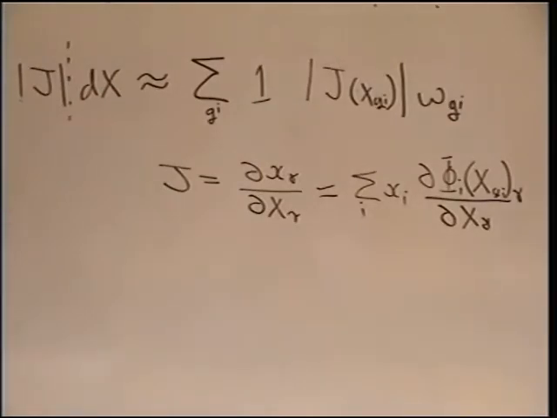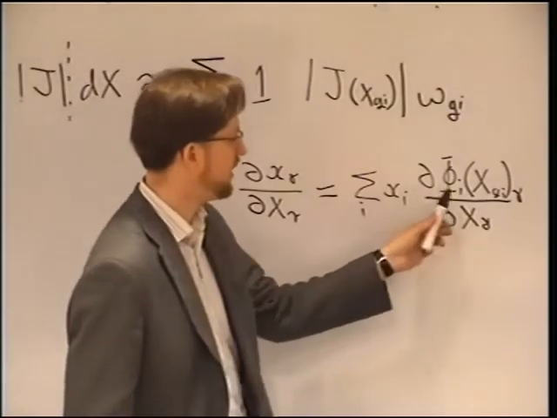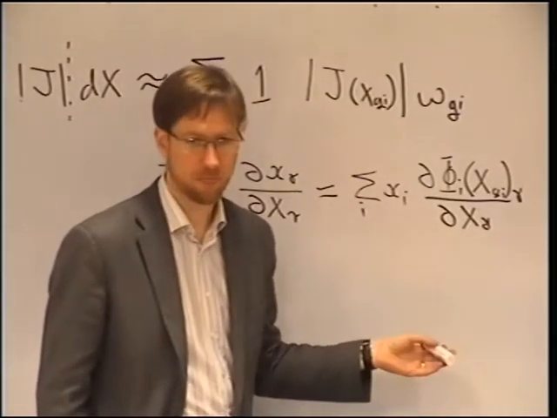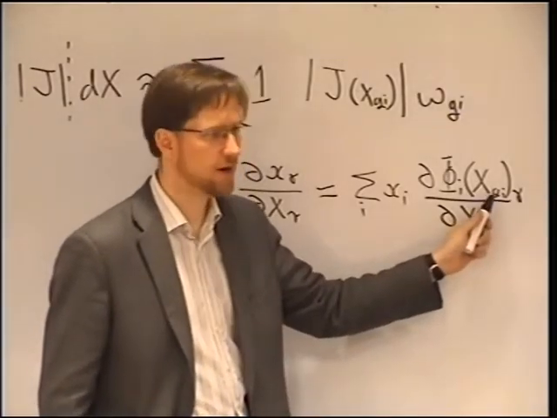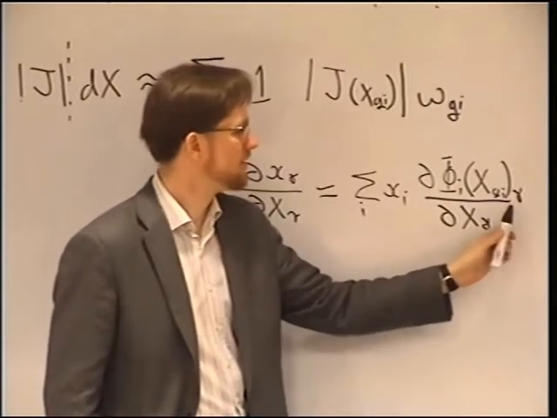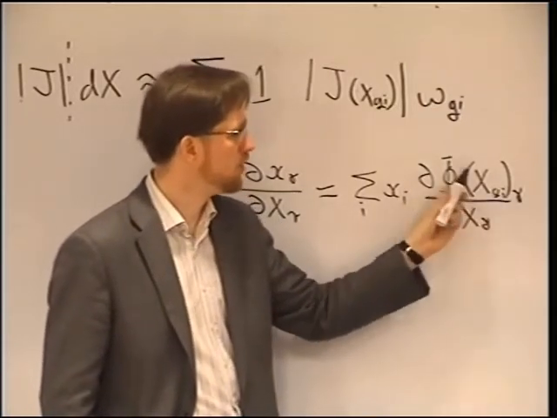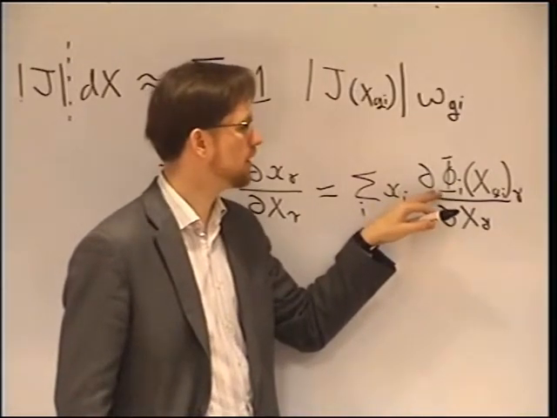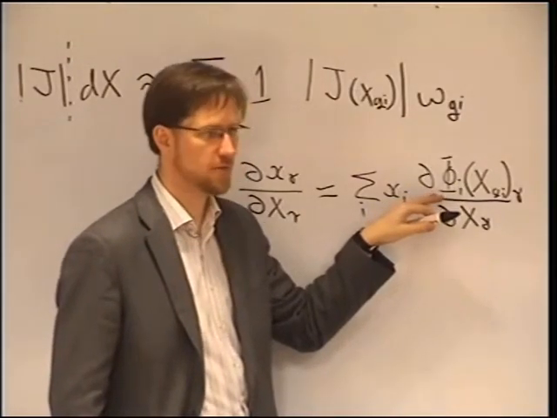Okay, so where did that get us? Let's just keep a little bit of a track on all of the indices that are in play now, because there's a lot of them. So this is I, the sum over the basis functions on my local element. This is GI, the quadrature point at which I'm evaluating this. This is gamma, the component of the position that I'm taking the derivative of.